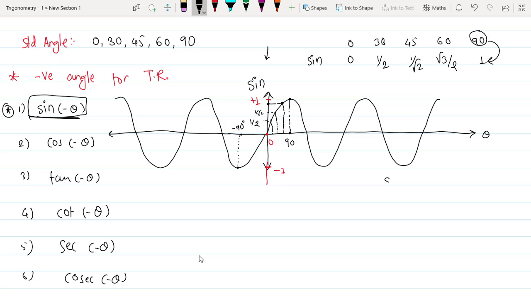See here, I will write now. Sine of positive 90, how much did you say? It's 1, from the table. But from the figure, I see that sine of minus 90 is nothing but minus 1.